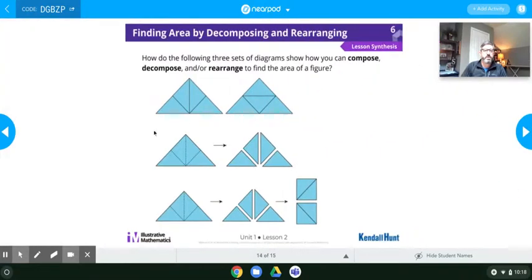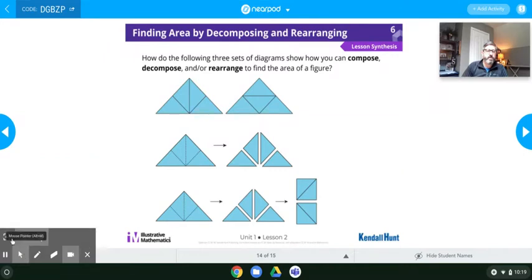And this just kind of talks about, it's a picture of what we just talked about: composing, decomposing, and rearranging. So here we've got four triangles that come together to make, or compose, a big triangle. If we don't know the area of this big triangle, but we do know the area of these little ones, we can put those together, and combined, those will tell us what the area of the big triangle is.